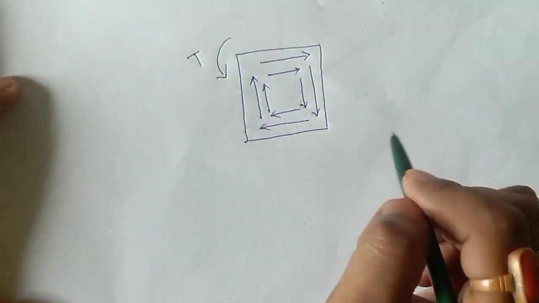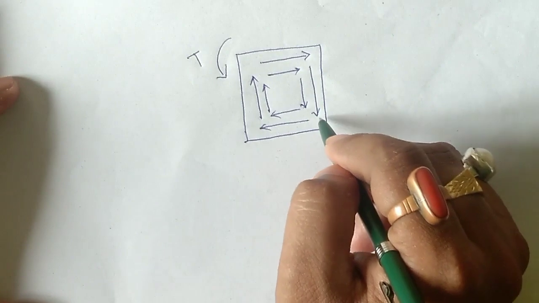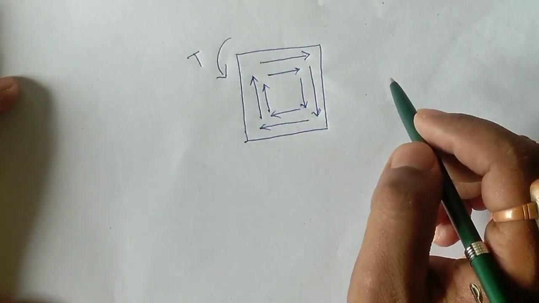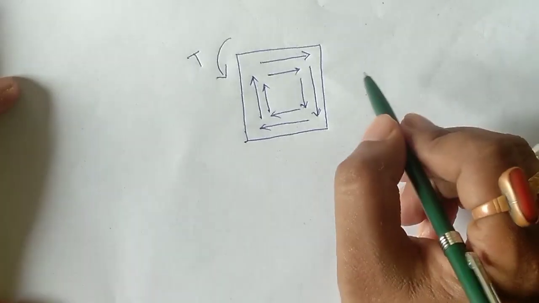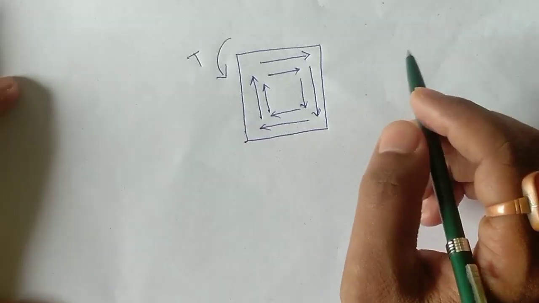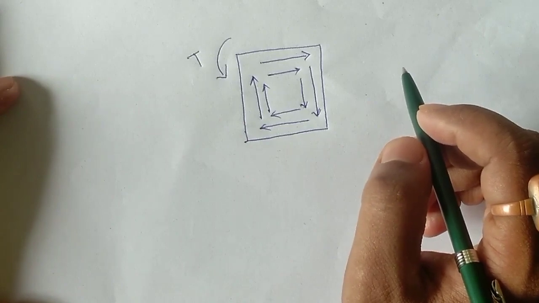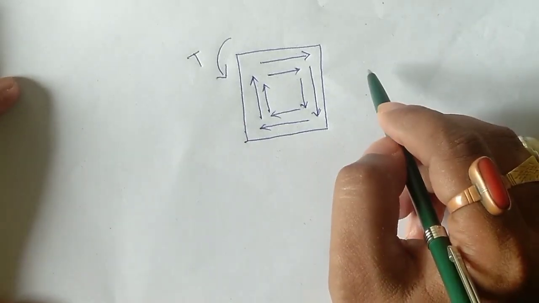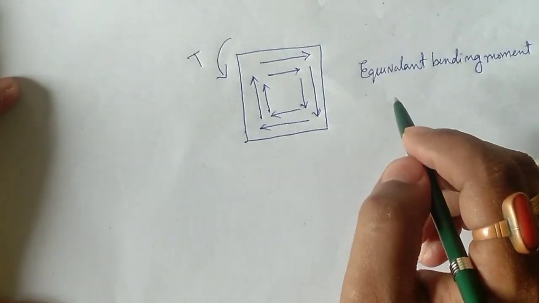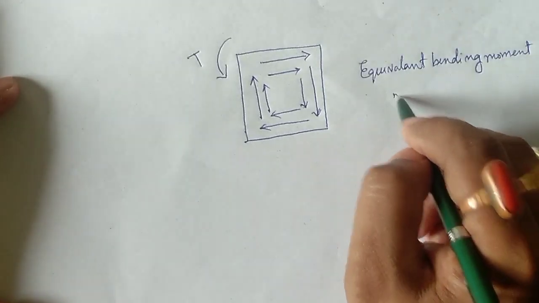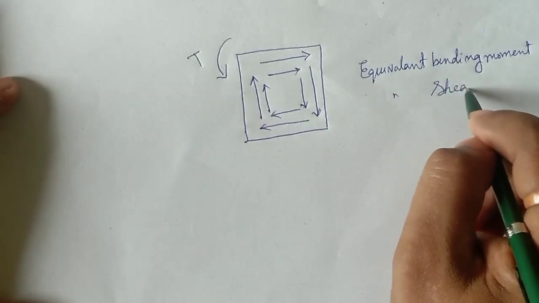The developed shear stress is resisted by providing longitudinal as well as shear reinforcement. The longitudinal reinforcements are provided corresponding to the equivalent bending moment, and the shear reinforcements are provided corresponding to the equivalent shear force.